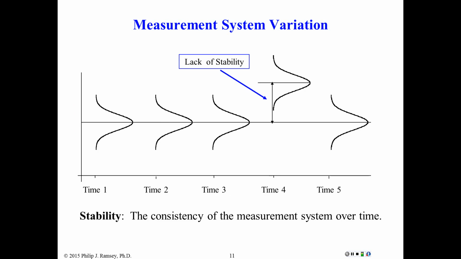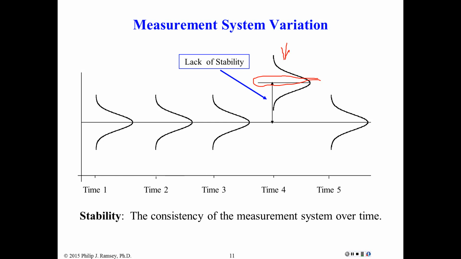So on slide 11, I just want to give you the idea of a measurement system that is not stable. So notice at time period 4, right here, the measurement system shifted. In other words, if you look at the mean of the measurement system, it has shifted away from the level it was running at.